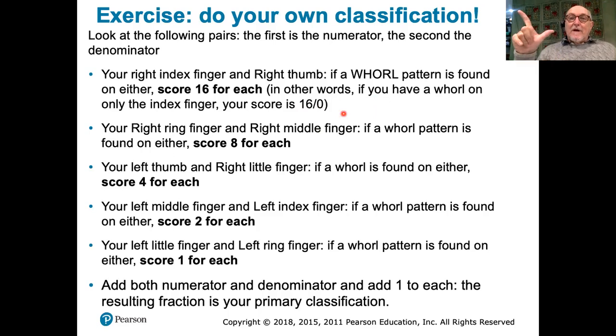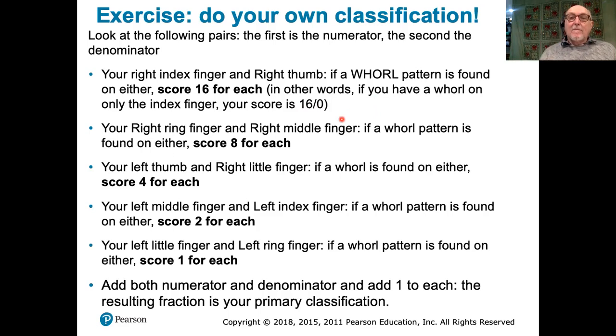So right index finger, right thumb: if you have a whorl pattern on your index finger, you score 16. If you have a whorl pattern on your thumb, you score 16. Index finger is numerator. Thumb is denominator.